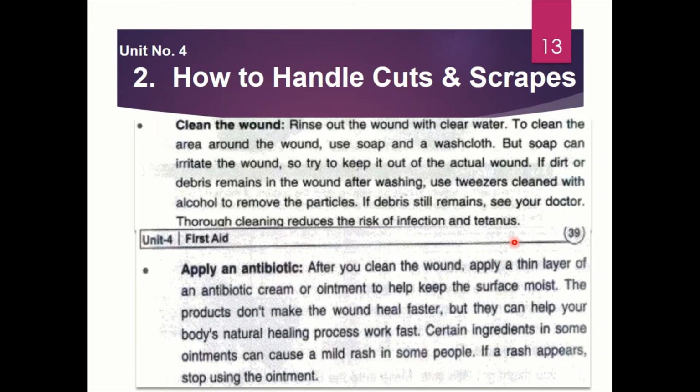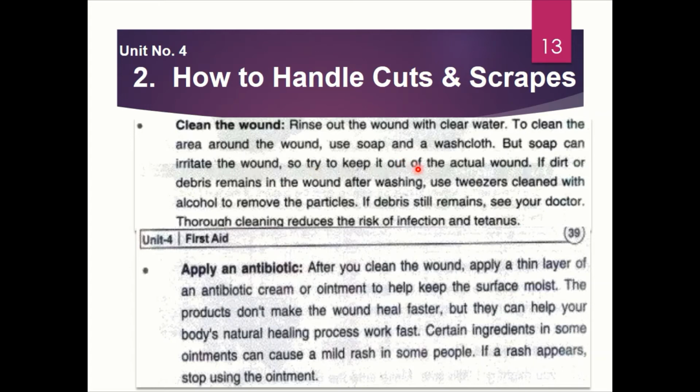Then the next step, after the bleeding has been stopped, is to clean the wound, because it might be that there are some unwanted particles in it. So you should rinse it out with clean water, and we can also use soap, but soap can irritate the wound sometimes.